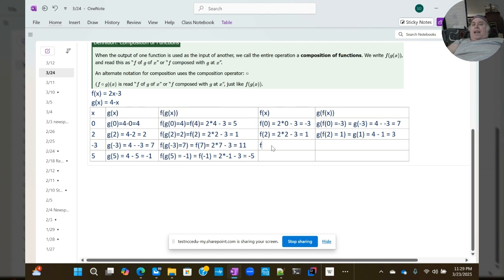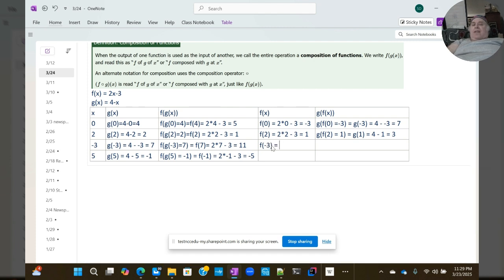Let's try f of minus 3, which is 2 times minus 3 minus 3, which is negative 9.